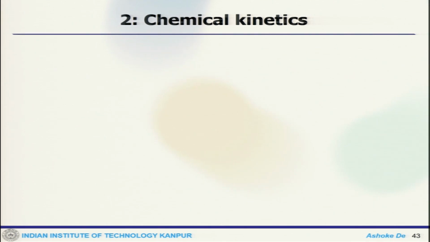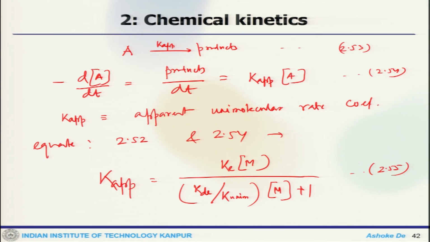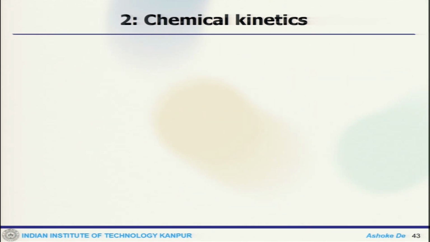Now, let us explain this previous equation 2.55, which has explained pressure dependence of unimolecular reaction.